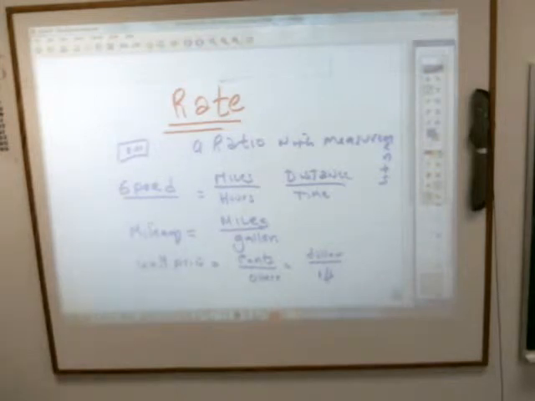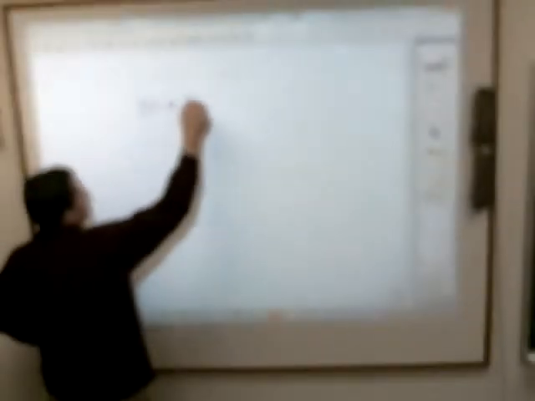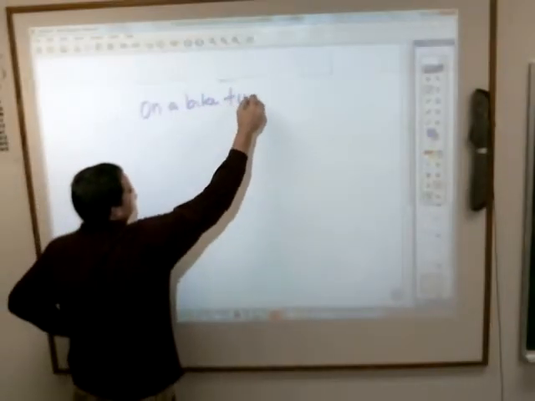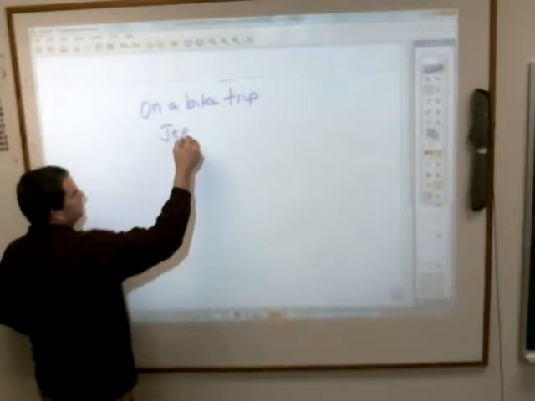Now, some of the things they might ask you is something like this. How about this one? On a bike trip, Jeremy rode 60 miles in 4 hours.